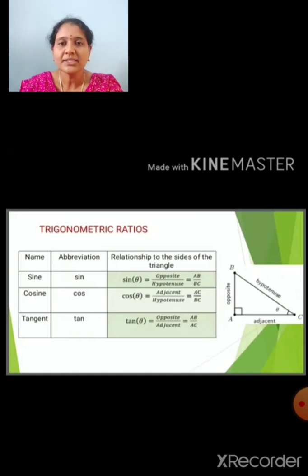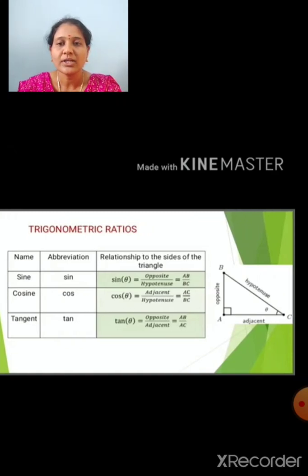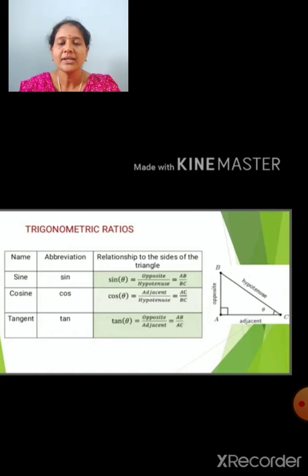Based on this right angle triangle, we have to define the relationship between the sides of a triangle. That means you have learned those formulas. First, sin A. What is sin A? Opposite side to theta by hypotenuse.